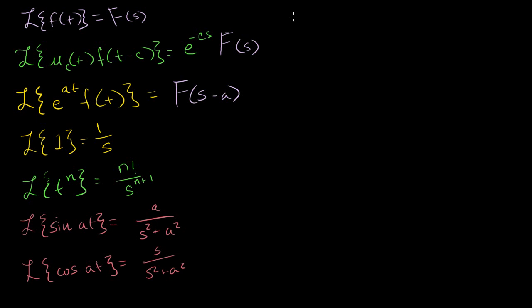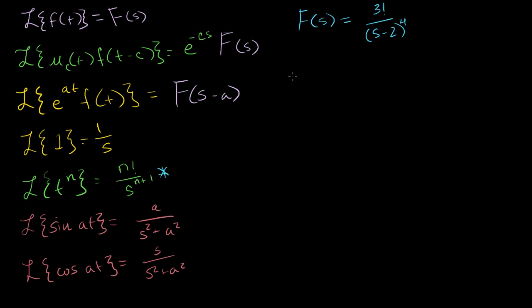So let's say we had the Laplace transform of some function, F of s. Let's say it's 3 factorial over s minus 2 to the 4th. Now, the pattern recognition part of your brain should immediately say, look, I have a Laplace transform of something that has a factorial in it, and it's over an exponent. This must be something related to this rule right here.